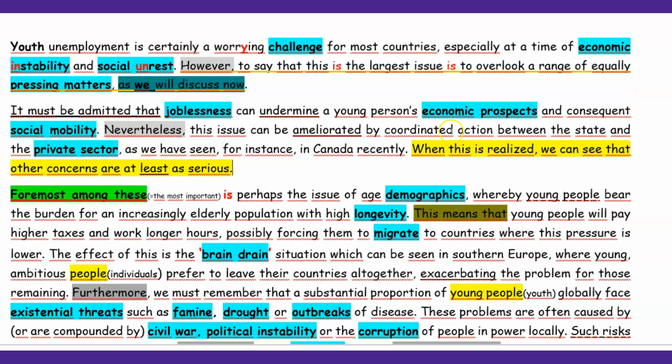And consequent social mobility. In terms of social mobility, in terms of salary, education, travel, and other things, okay. These are great sentences with topic specific vocabulary, right? And advanced academic English usage.